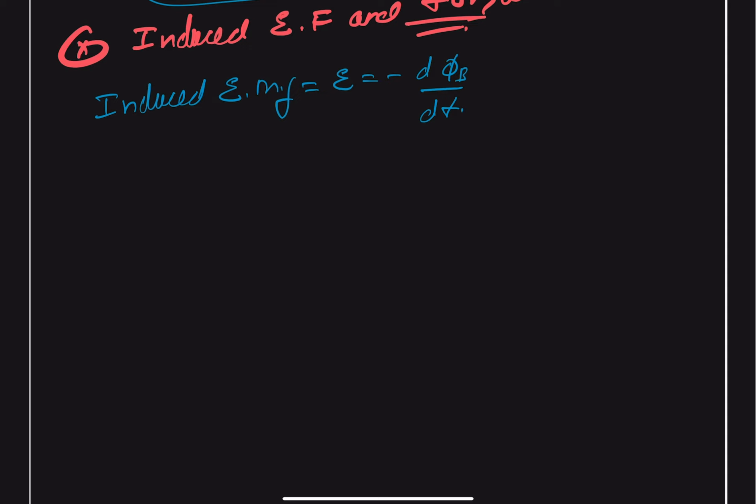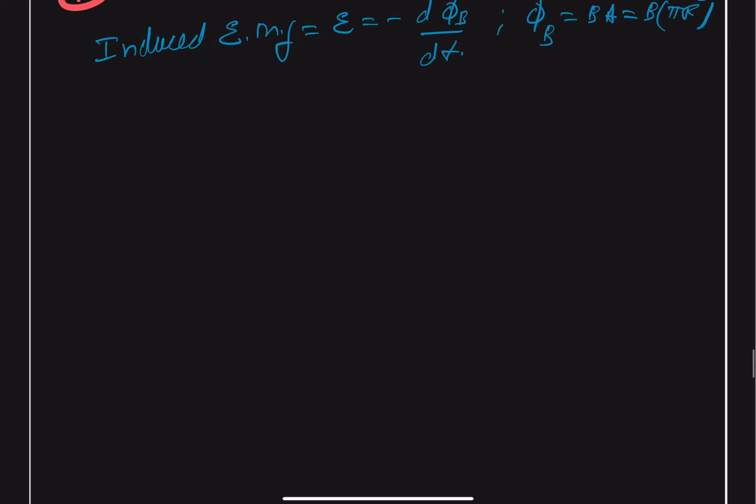And flux, we also used this relationship previously. Flux is equal to B multiplied by A, and this gives us B pi r square because the radius remains the same. And the magnetic field changes.